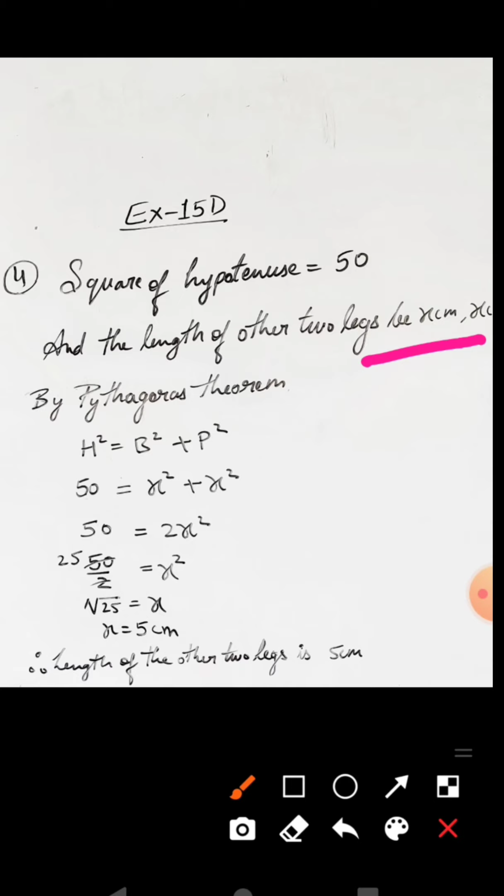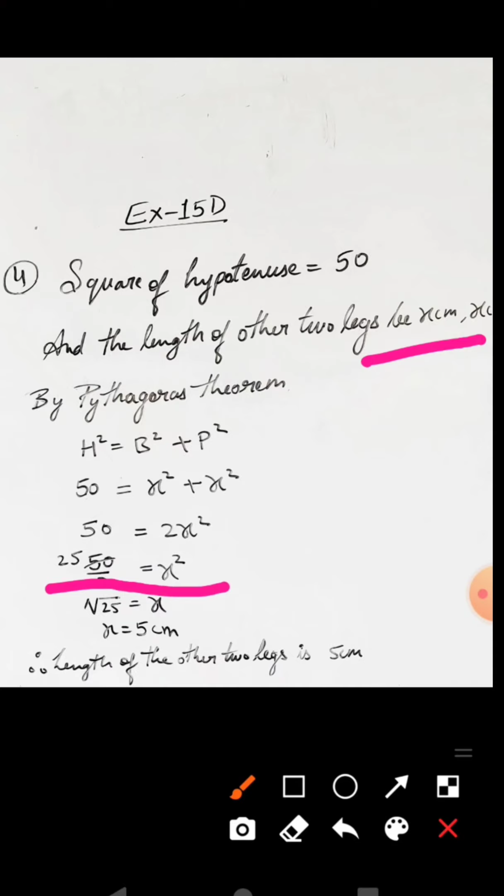So the hypotenuse square is given already. 50 is the square of the hypotenuse, it is given in the question. So we are writing here 50, and base square plus perpendicular square, we have assumed base and perpendicular as x. So x square plus x square, so it will be 2x square. Now we will move this 2 towards the left hand side, it will come as divisor. So 50 divided by 2 will be 25.